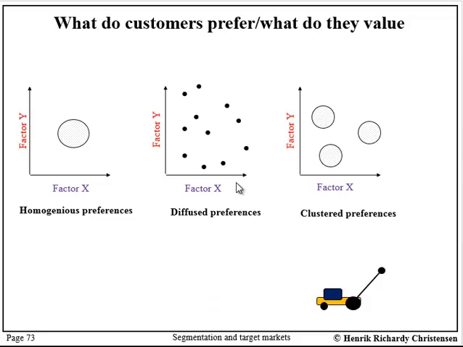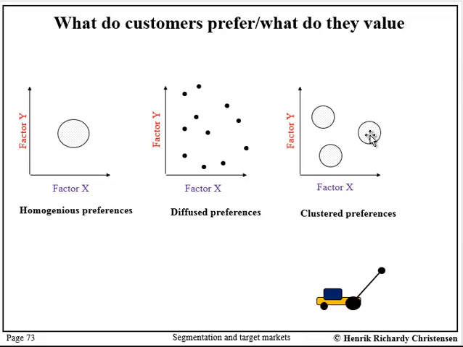And the last one we will look at here is what we call the clustered preferences. So as you can see, instead of having just one way of preferring factor X and Y, it could be price and quality, and instead of having them spread all over on price, some would have it very low, some would have it high, and high price and high quality, then these guys here are kind of collected in small clusters.